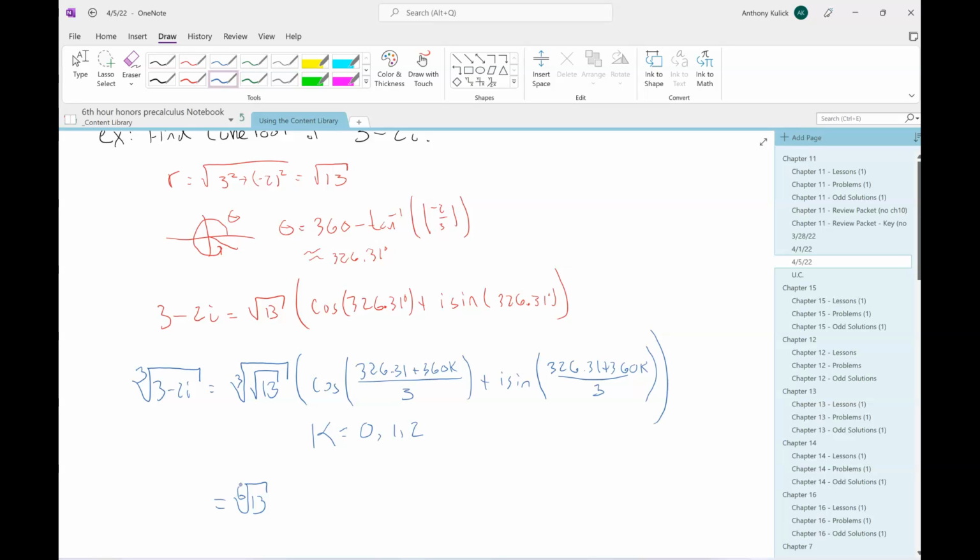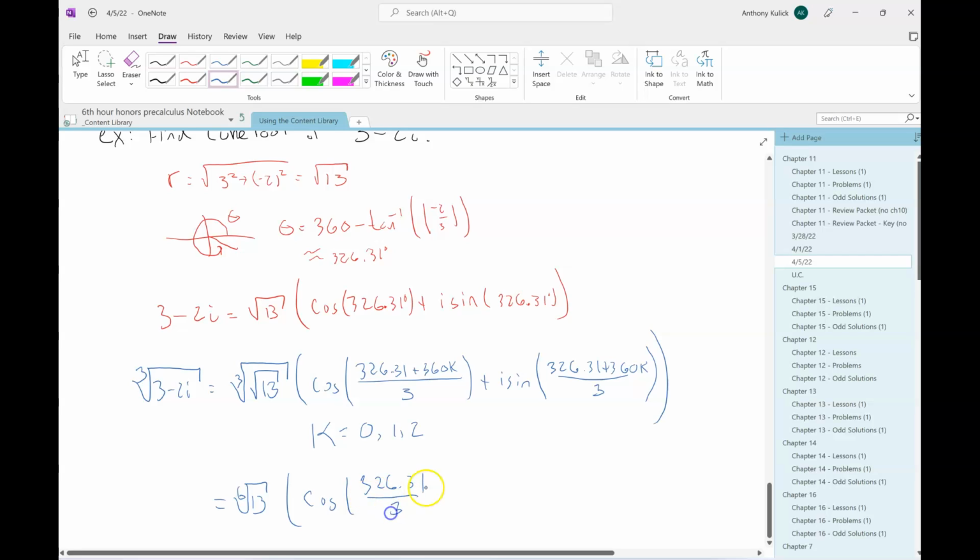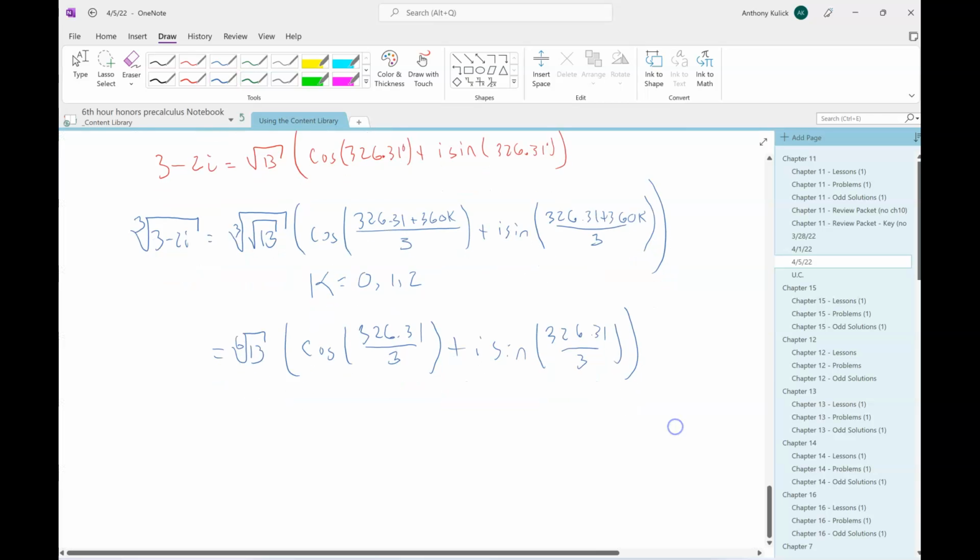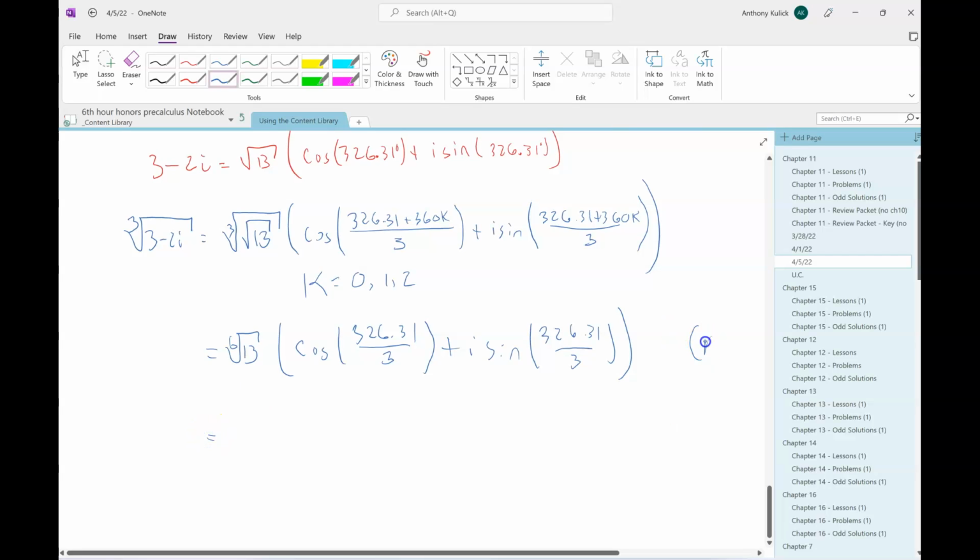Okay. All right, so if k equals 0, I'm just going to have cosine 326.31 over 3, and then i sine 326.31 over 3. So that's when k equals 0. If k equals 1, I'm going to have 326.31 plus 360, or 686.31 over 3.